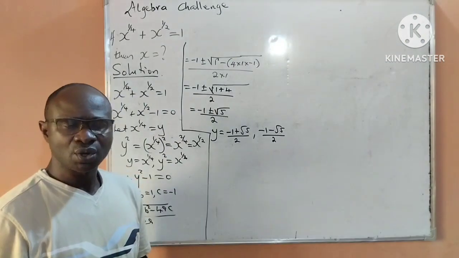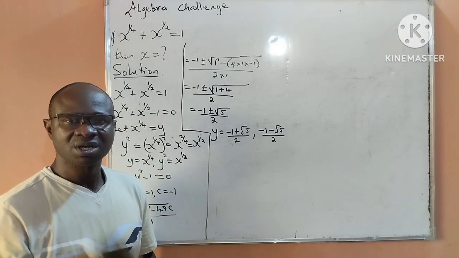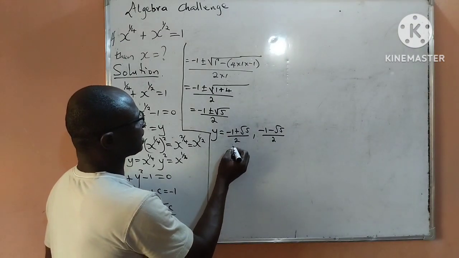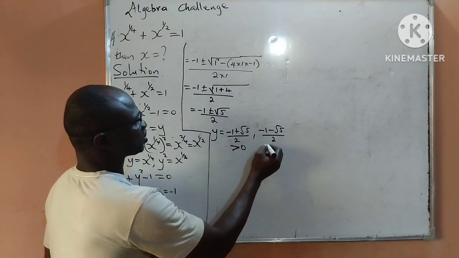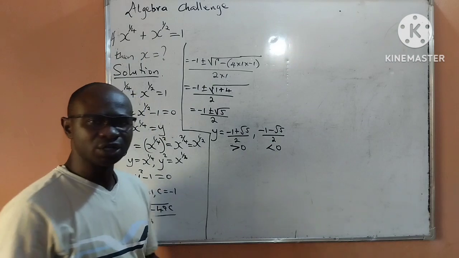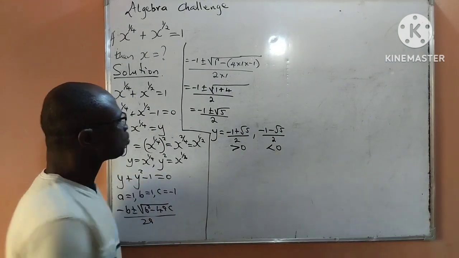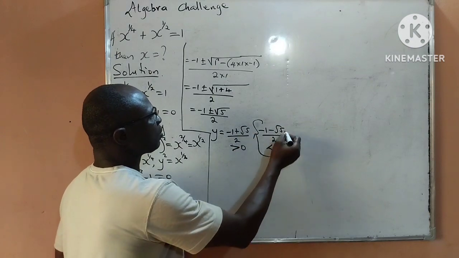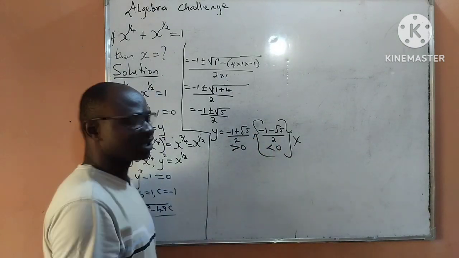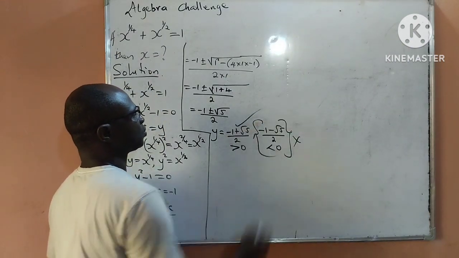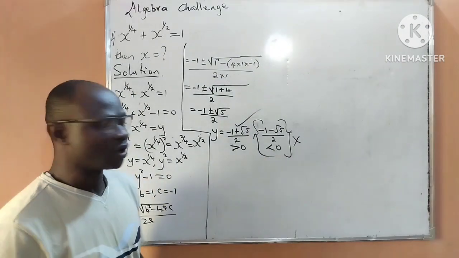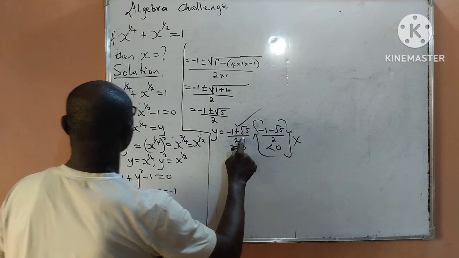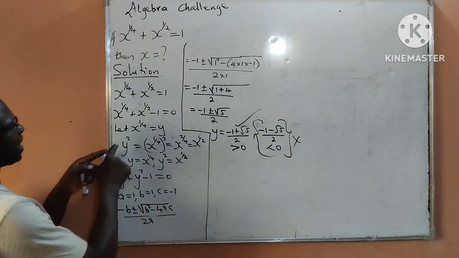One of these is greater than 0, the other is less than 0. We are going to reject the one that is less than 0 because y cannot be a negative number here. So this particular one is to be rejected, and we will work with the positive value of y.